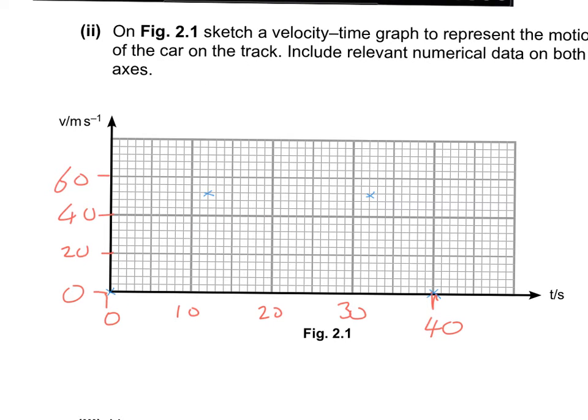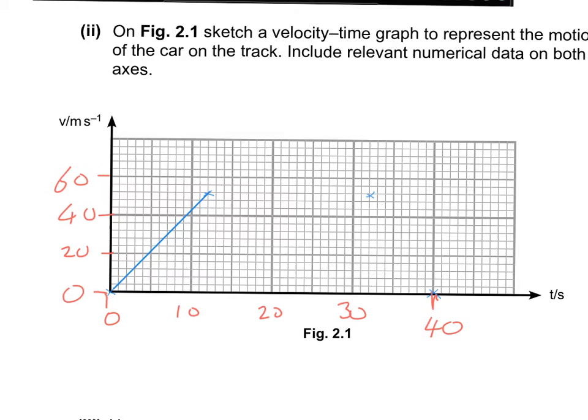So we have a point here at 0, 0, a point here at 12 seconds when it reaches 55.6. That continues on until 32 seconds, and then the last 8 seconds is going back to 0.